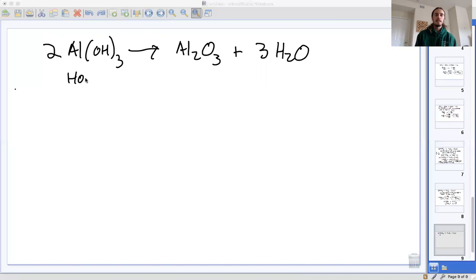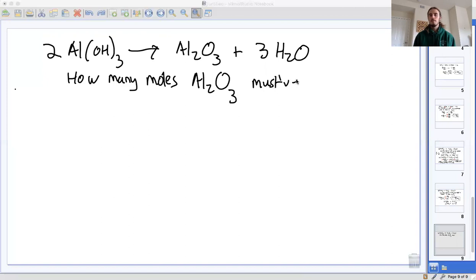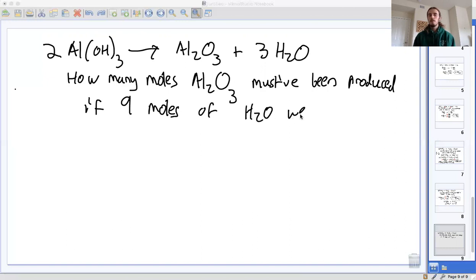So how many moles of Al2O3 must have been produced if 9 moles of water were produced?